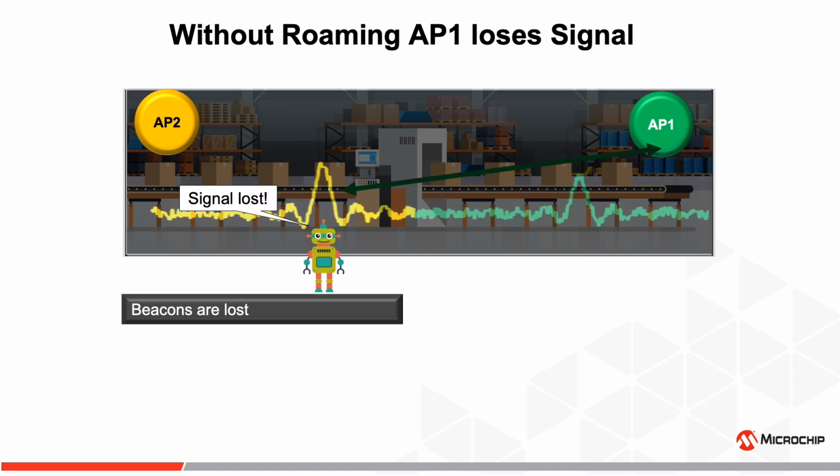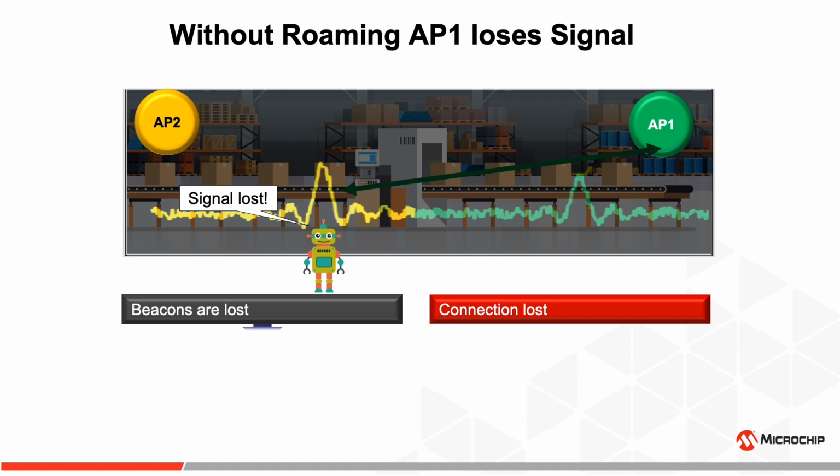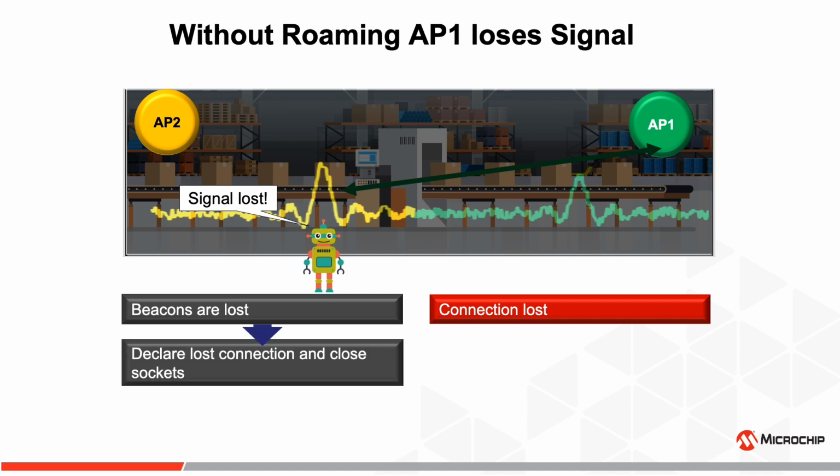When that happens, you start to miss the beacons that are sent out by the access point, and that's what maintains your connection. As a result, you're going to lose that connection. What happens after that is there's a lost connection and you close the socket.